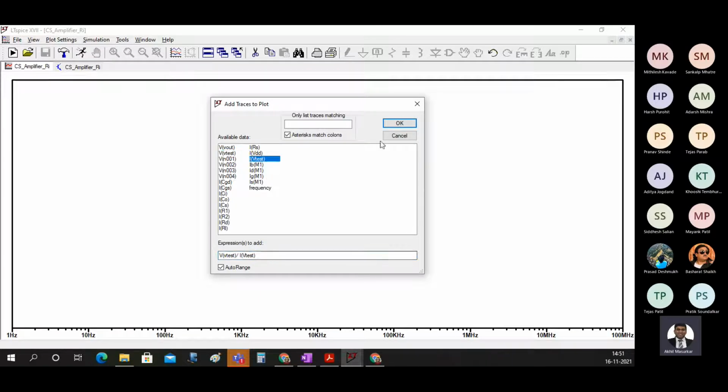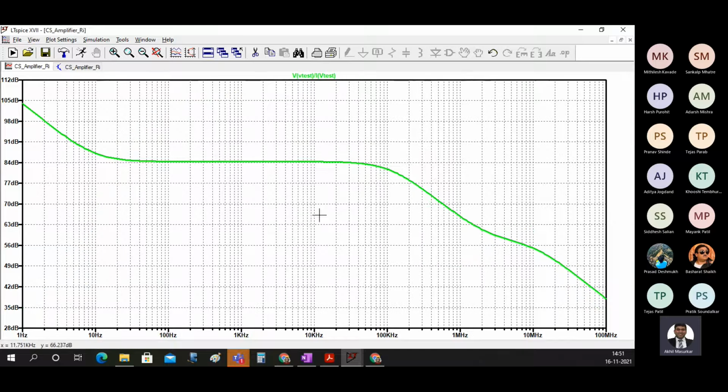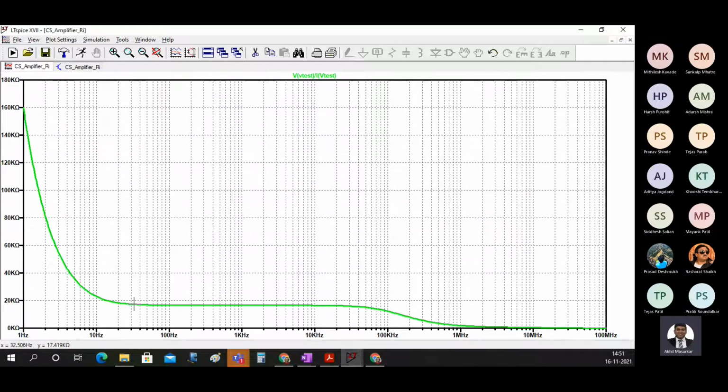Again, you can remove the phase plot, don't plot phase, and you can see the value here. And if you want, you can see this value in ohms by converting it to linear. So you can see that RI has some value.